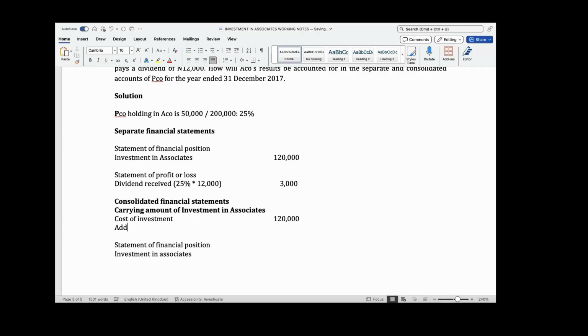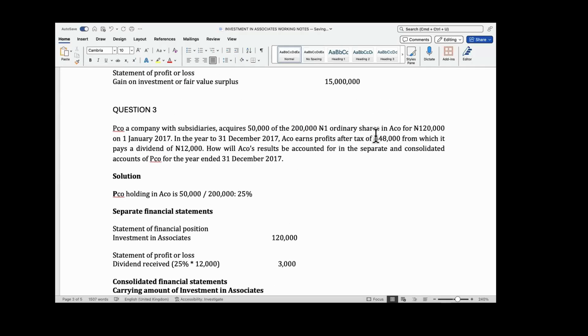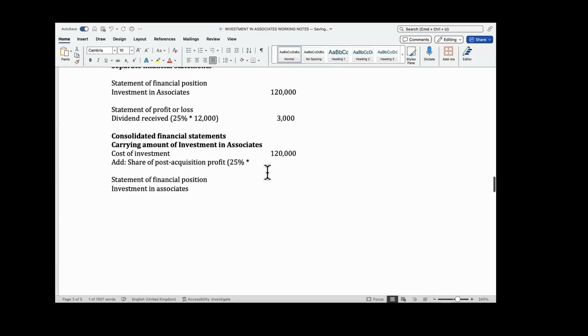I will add my share of post-acquisition profits, which is 25% times 48,000.